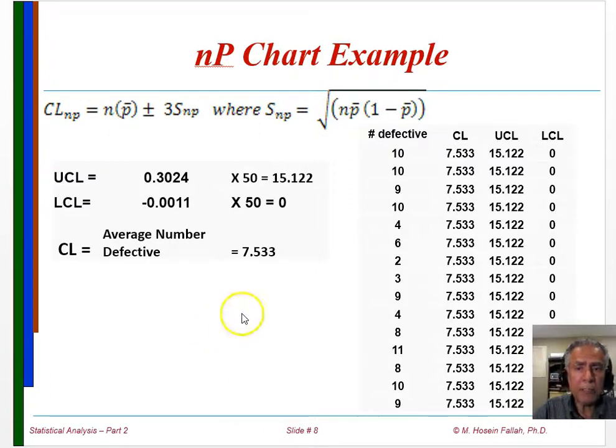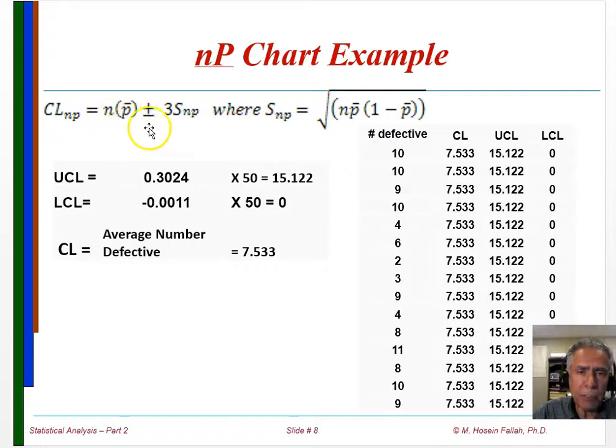So now, since my previous data set was actually a fixed sample of 50, I could also plot that as an NP chart. For an NP chart, the equation is multiplied by n, which in this case was 50.